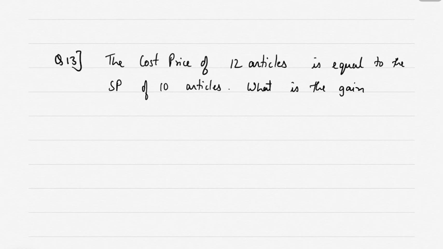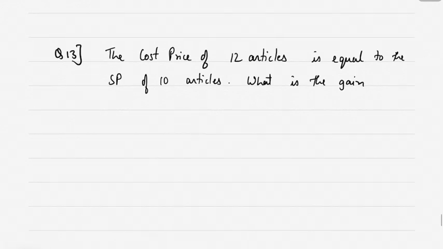Okay, let's solve. Whenever cost price of some number of articles is equal to selling price of some number of articles, you have to take cost price of one article equal to rupees 1. The answer becomes easy, the calculation becomes easy.